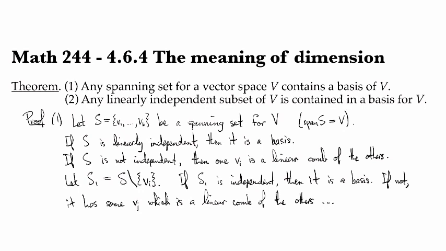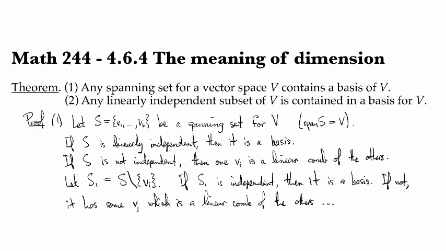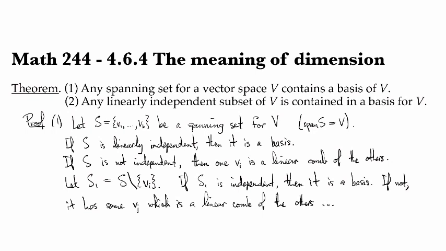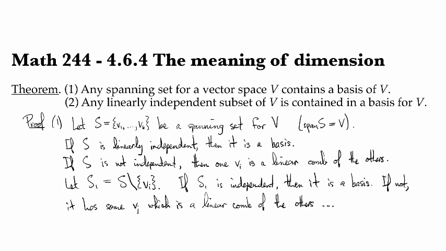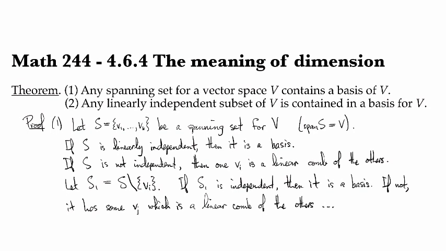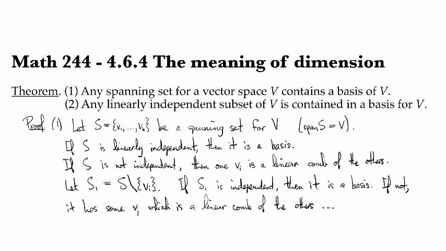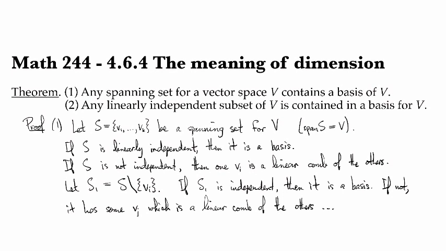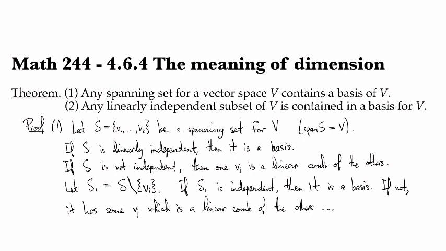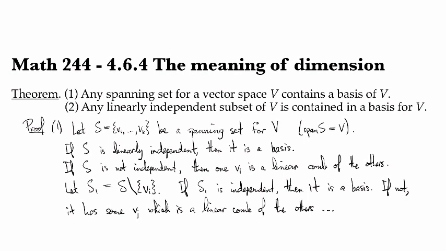And so you just continue doing that. Have we gotten rid of all the redundancy? If the answer is no, then find a redundancy and throw it out. How about now? How about now? Just keep doing it. After repeating some number of times, you'll arrive at a basis, because we started with a finite spanning set.